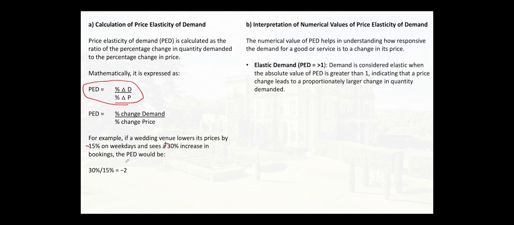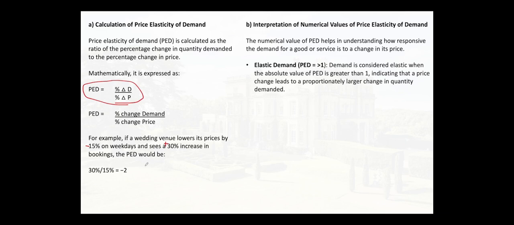But we need to know about elastic demand. So if it is greater than 1, I know it's got a minus next to it, but it's greater than 1, okay? And it says there, indicating that a price change leads to a proportionately larger change in quantity demanded.